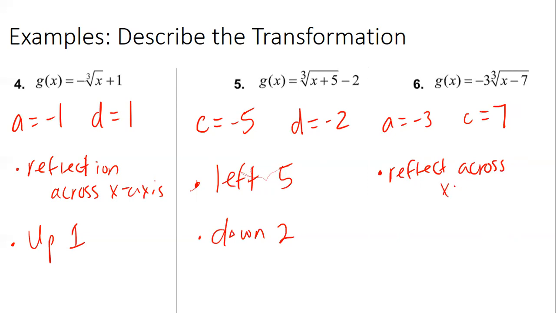Mm-mm. That's not it. Oh, right. No, wait. It's a C. What else did the A do though? Vertical stretch. And then we went to the right 7.